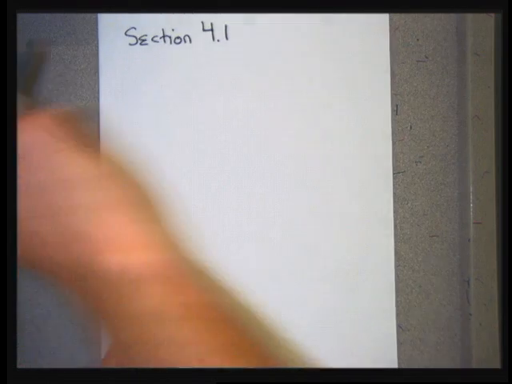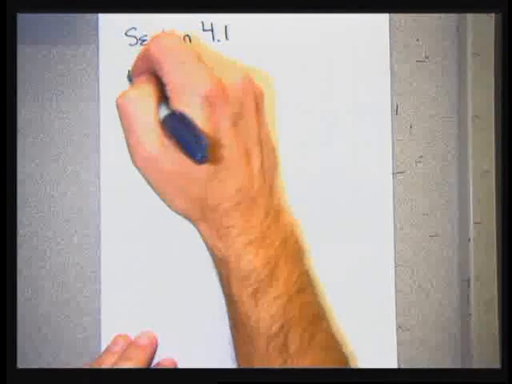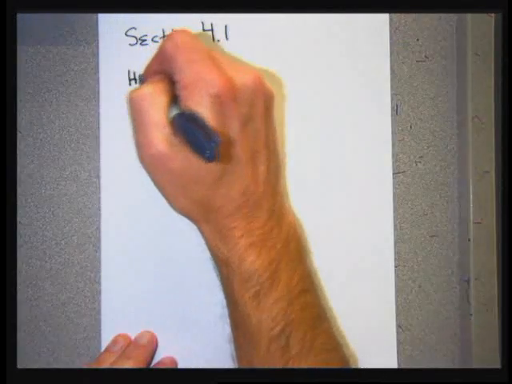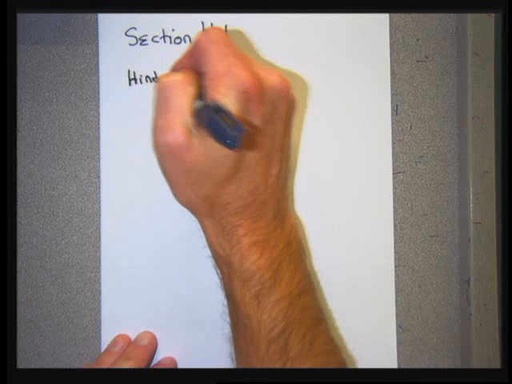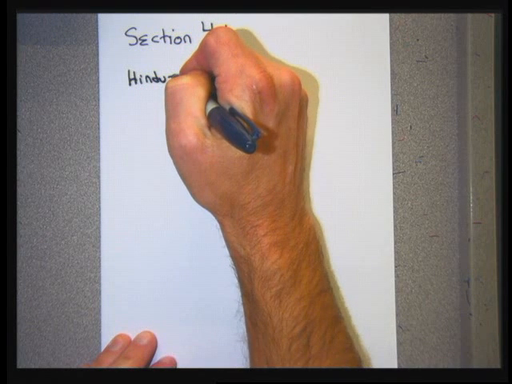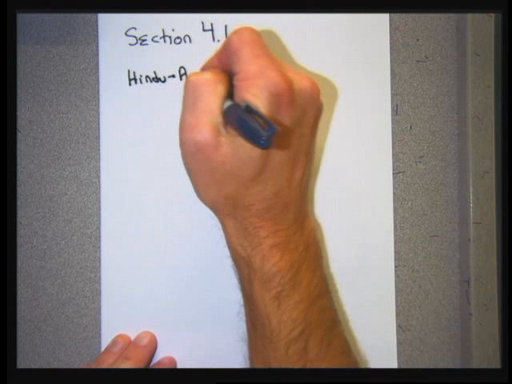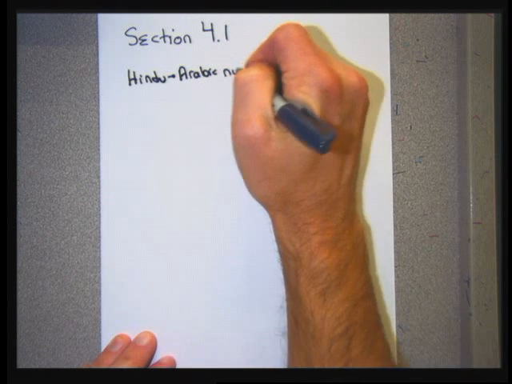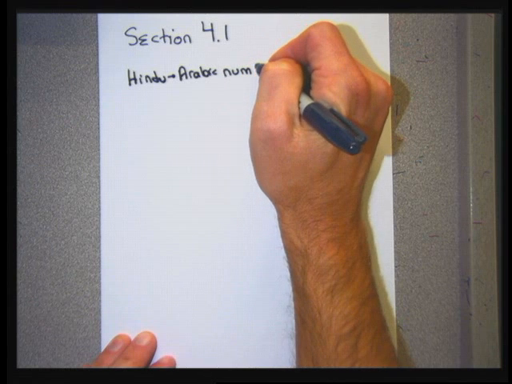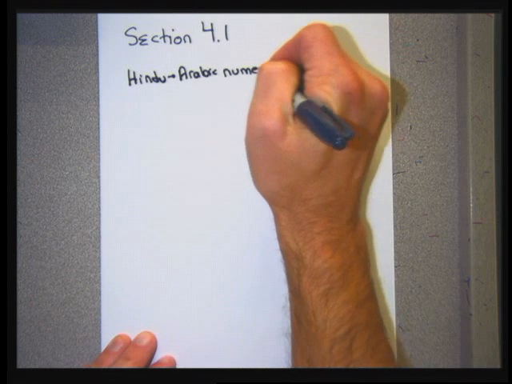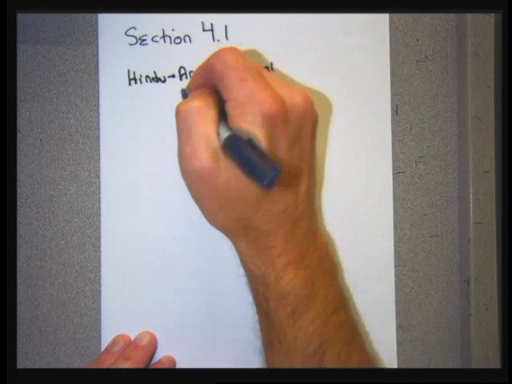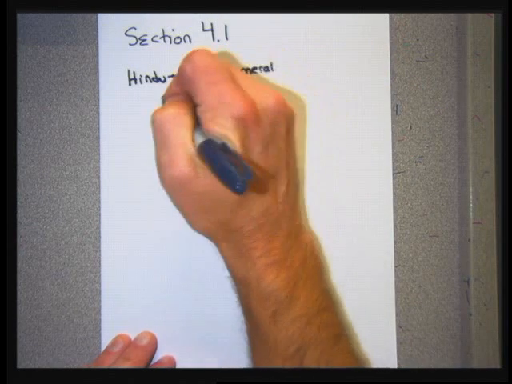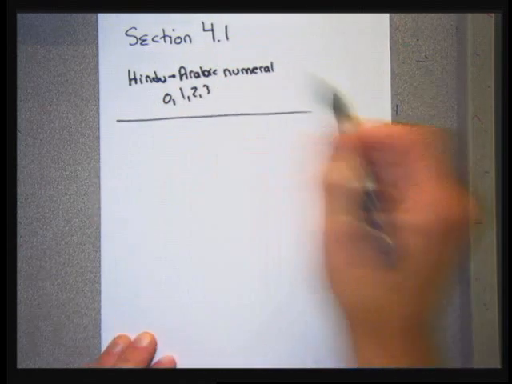So anyways, our numbers, for what it's worth, are called Hindu Arabic numbers. And so the numbers that you're generally used to writing are numerals or numbers. That's just your generic 1, 2, 3, 0, blah, blah, blah.